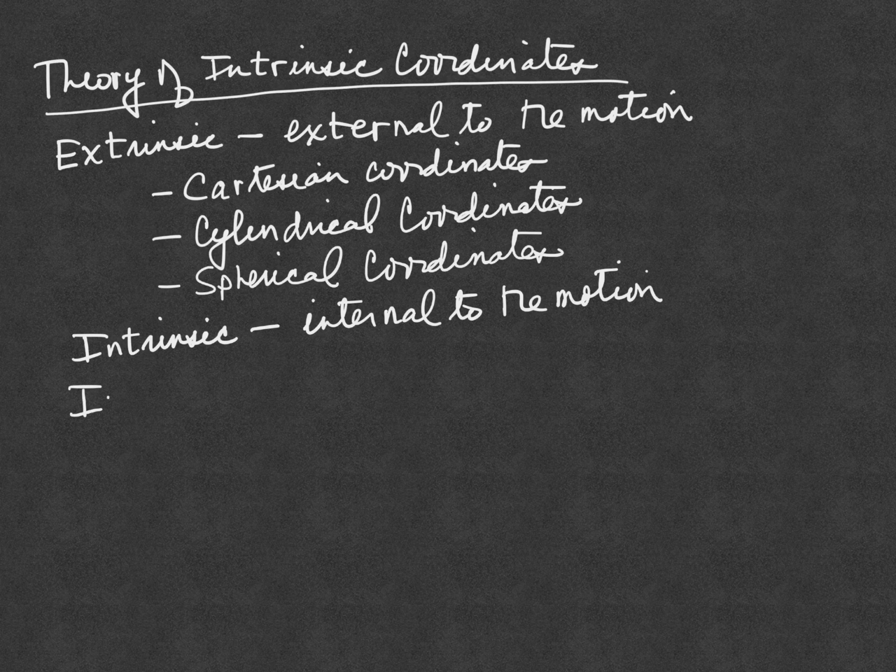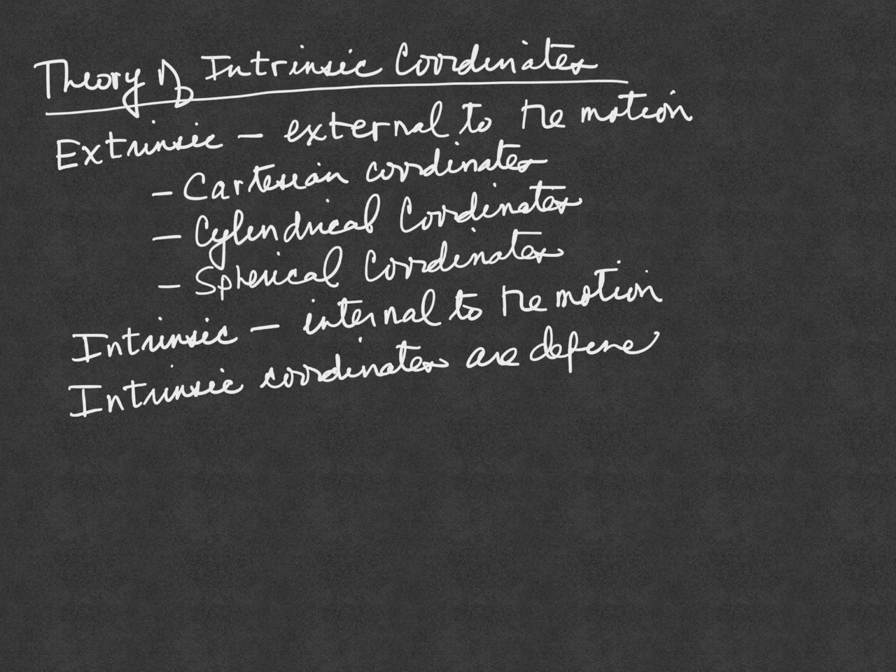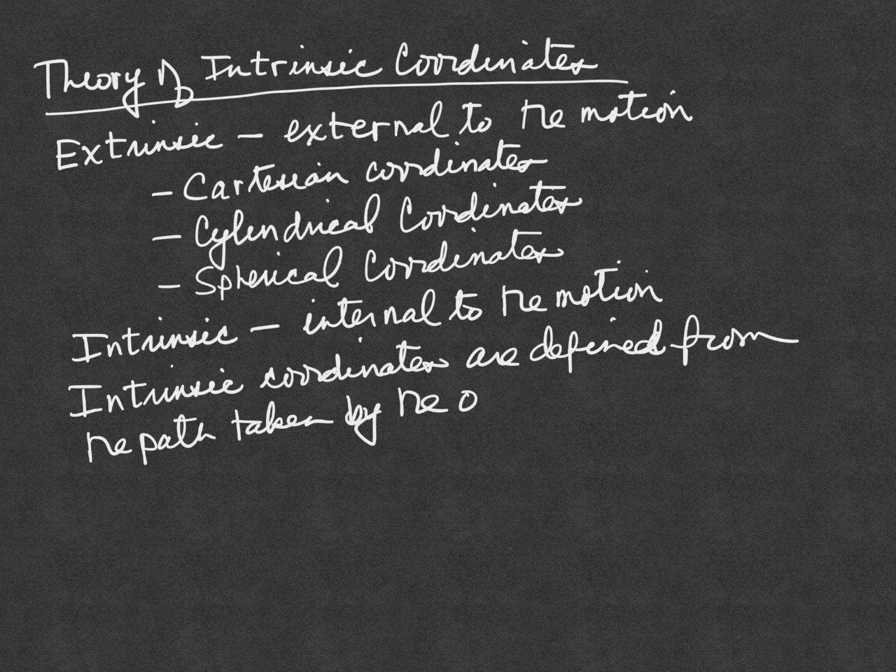So intrinsic coordinate systems, or intrinsic coordinates, are defined from the path taken by the object. Now, in this case, the object is a particle or a point. So as we'll see, when we get into intrinsic coordinates, we're going to actually be using the information about the motion of the object in order to be able to define these coordinates.